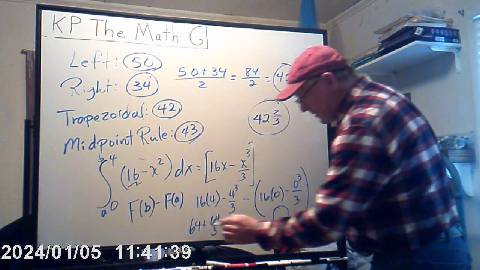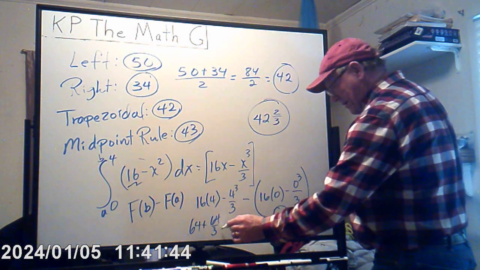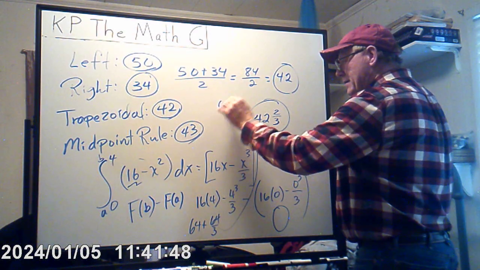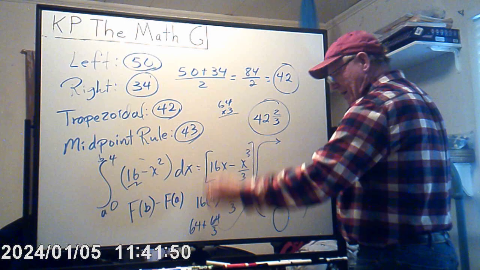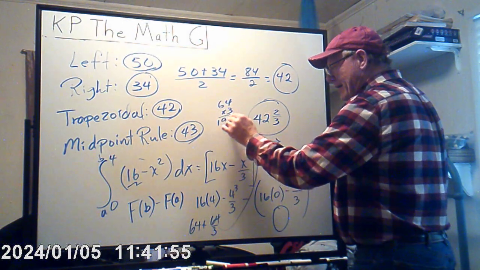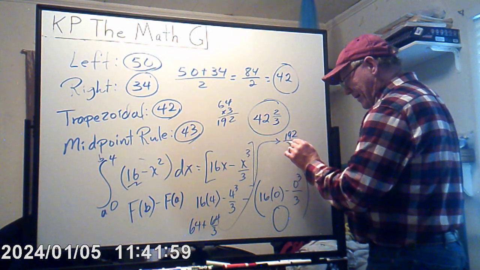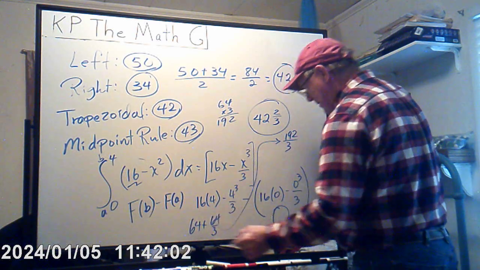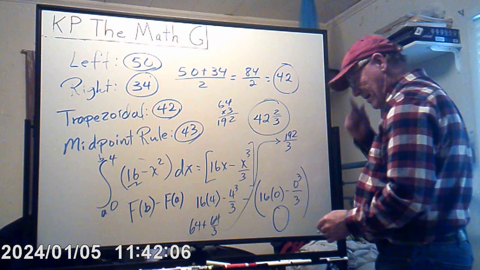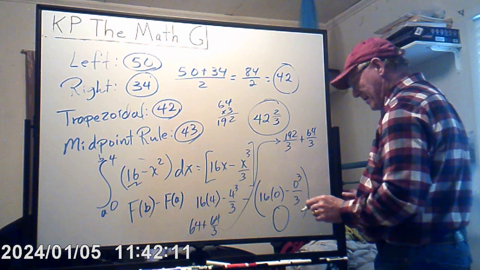Okay, so I'm going to multiply 64 times 3. Get me a common denominator 3. Alright, 3 4s are 12, 3 6s are 18, 192. So 192 over 3. That's the same as 64. Alright, plus 64 over 3.